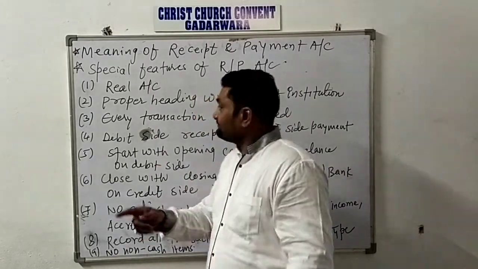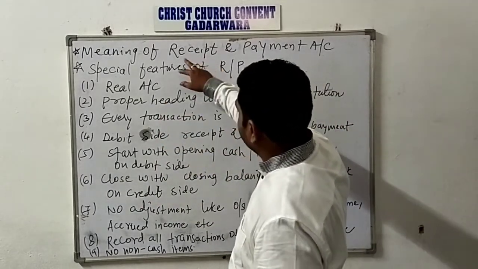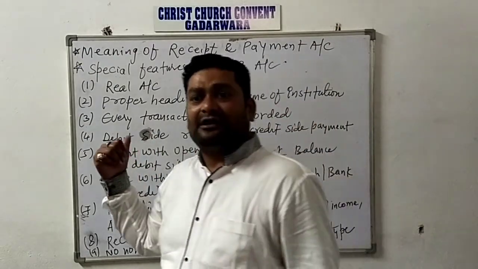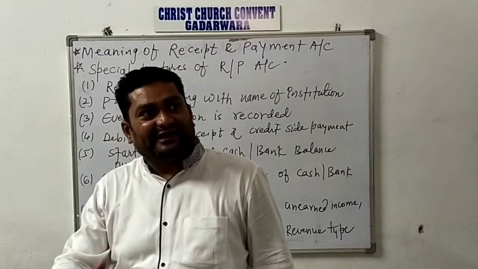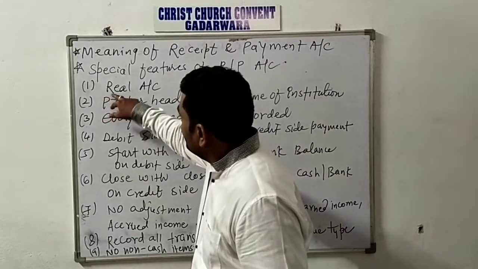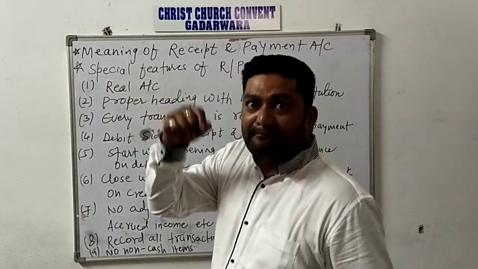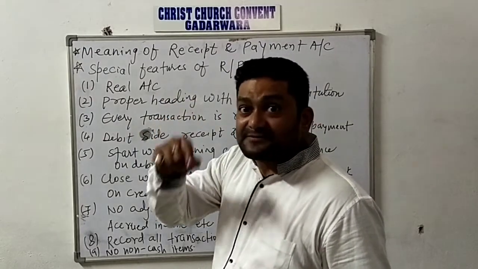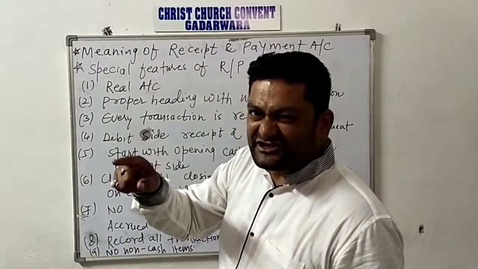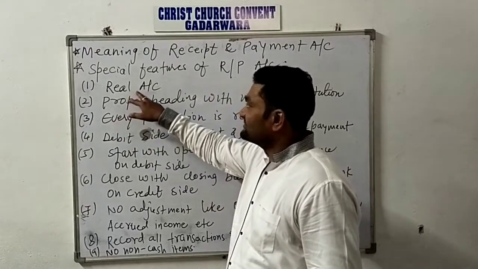But even though expenditures and incomes, receipts are written in receipt and payment account, even then it is considered a real account. So this is a vital phenomenon that you have to remember. It comes as an objective in board exam. What is the nature of the receipt and payment account? So remember, it is a real account.